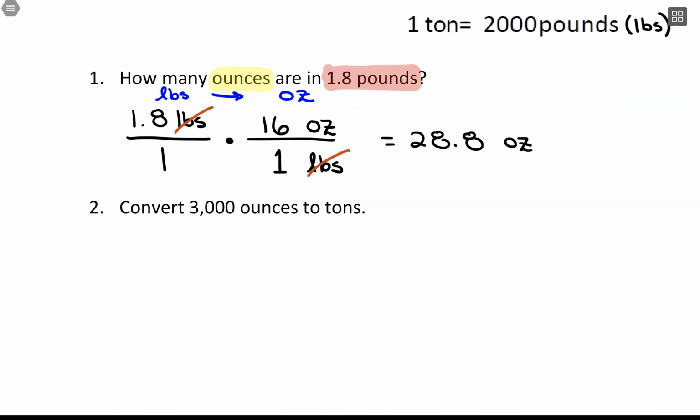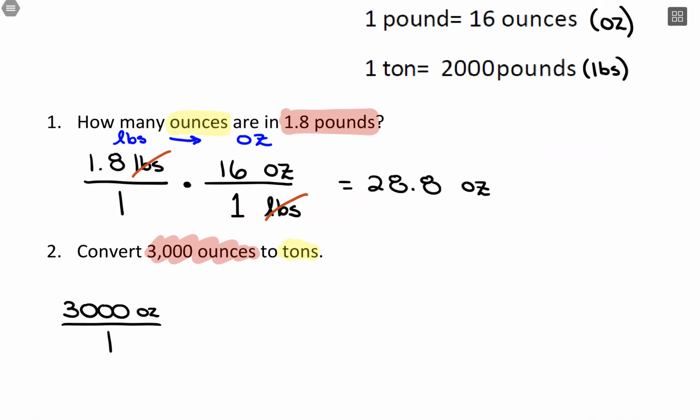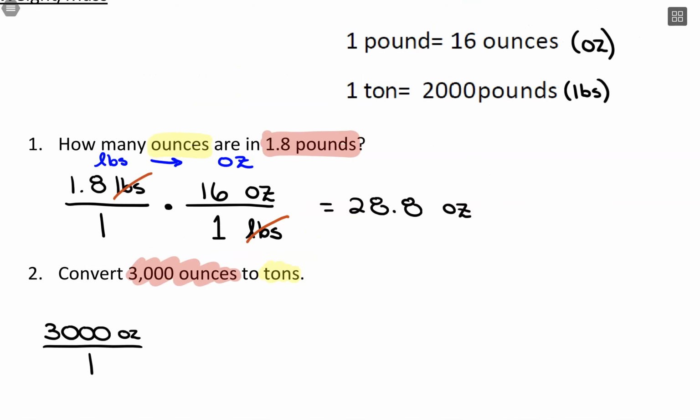Let's say we have 3,000 ounces and we want to convert that to tons. So my starting fraction, I have 3,000 ounces over 1. And with this, we don't have a relationship directly with ounces and tons, so we're going to need to use pounds as kind of a middle step.